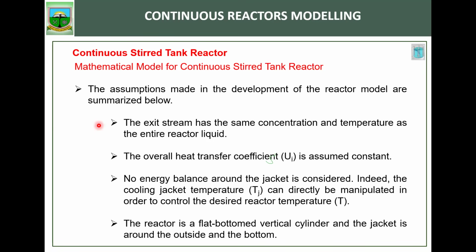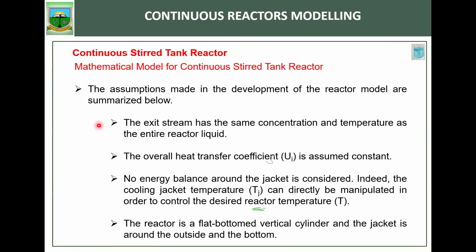Sometimes in some reactors, you will have to do an energy balance around the jacket. And that has to do with trying to find the changes in the temperature of the coolant you are using. So you have to also write a balance equation for the coolant, to know the temperature.